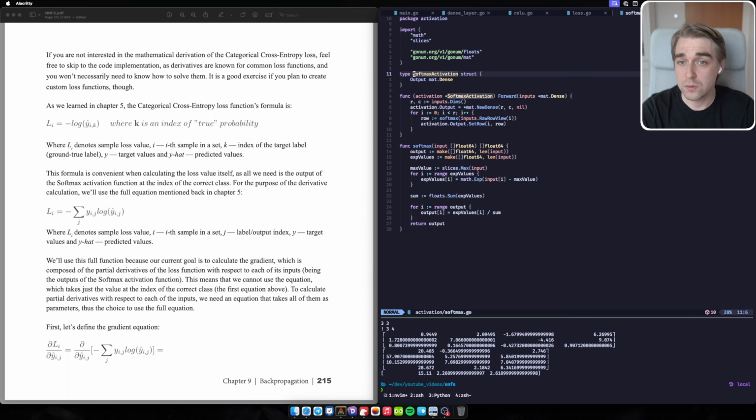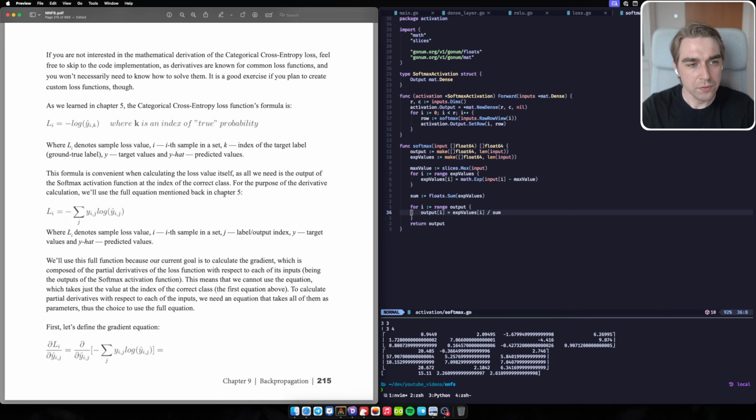Let's remember what the softmax does. It distributes the values between 0 and 1, and in the end we will have the probabilities of each class.